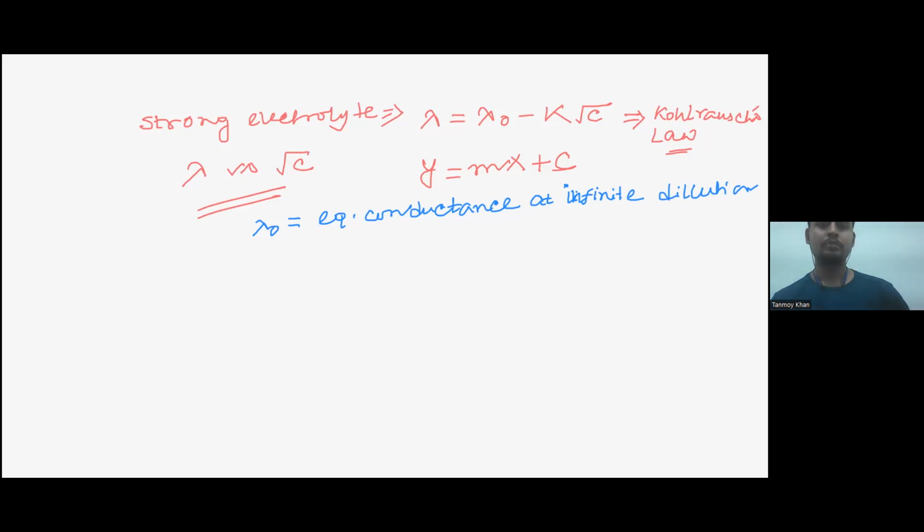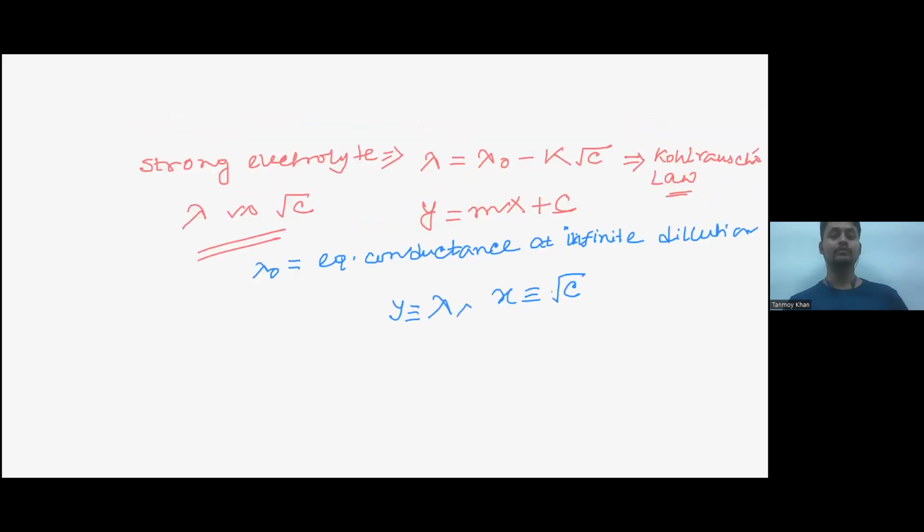So now if we compare, y is lambda, whatever you need to plot, and with respect to what is your x. So your x is c, right?